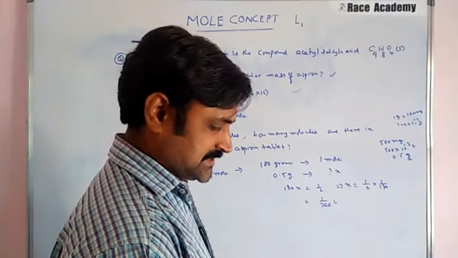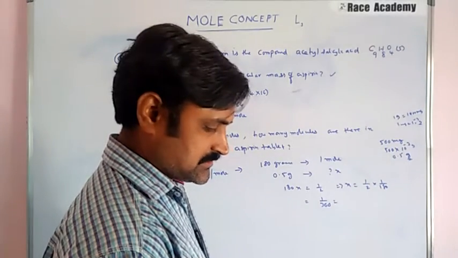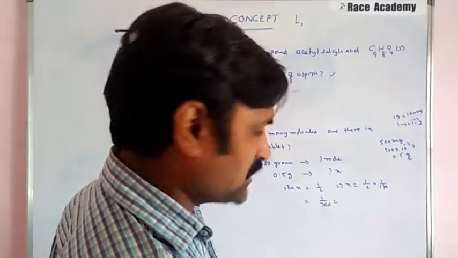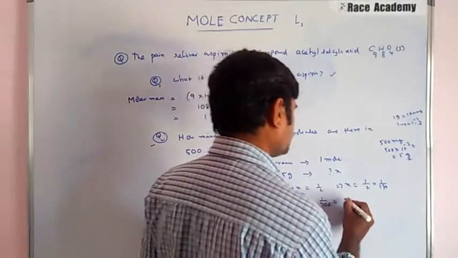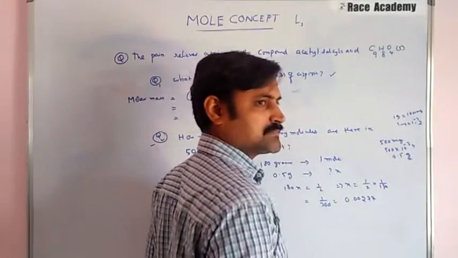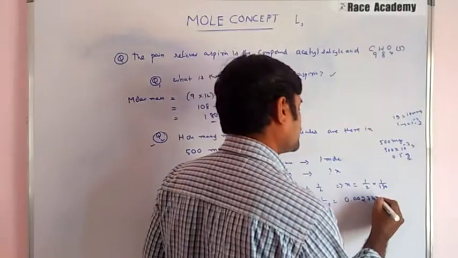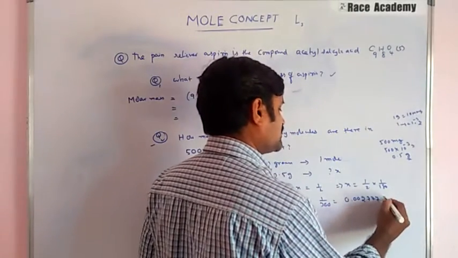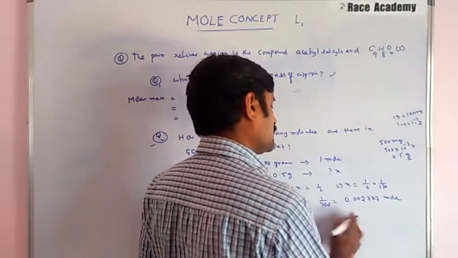So 1 by 360, we will check it. 0.00277 is coming, continuously. So this is in moles. This is the answer.